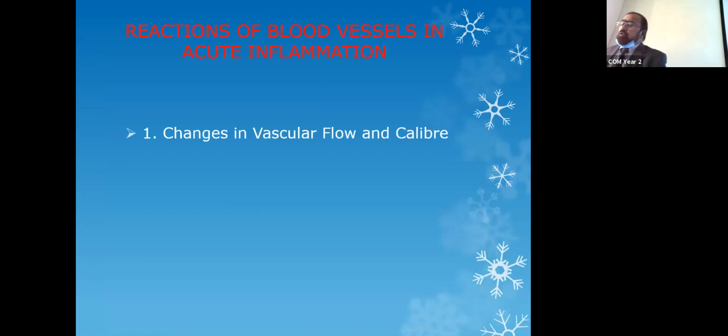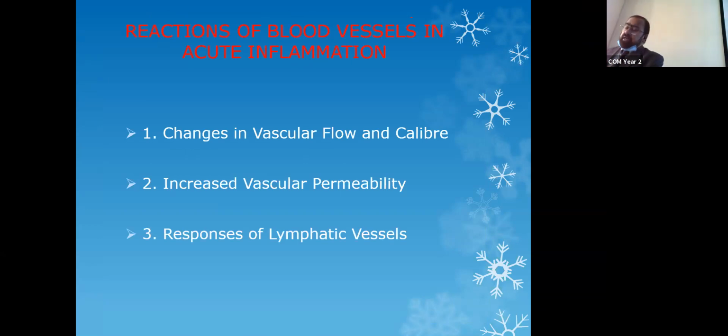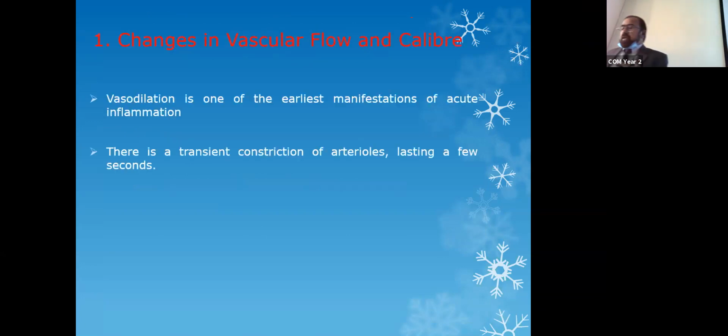So what will it do? It will change the vascular caliber and flow, number one, and increase vascular permeability. And the third one is definitely the response of the lymph vessels, because an excessive amount of fluid is going out along with the cells. Now, the change in the vascular caliber and flow, as I said: there will be dilatation, which is the earliest manifestation you have.